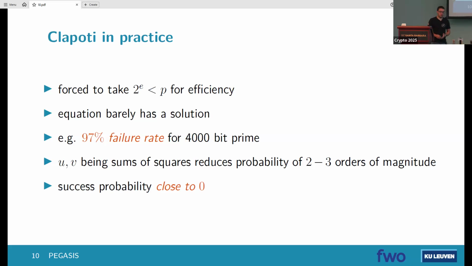So to give some numbers, we have a 97% failure rate for the biggest set. On top of that, we require U and V to be expressible as a sum of two squares, and this brings the probability down by another 2 to 3 orders of magnitude. So in practice, the success probability of this method as it is is basically 0.